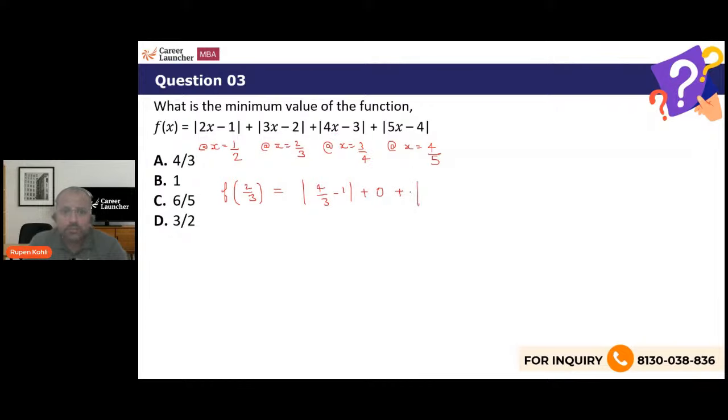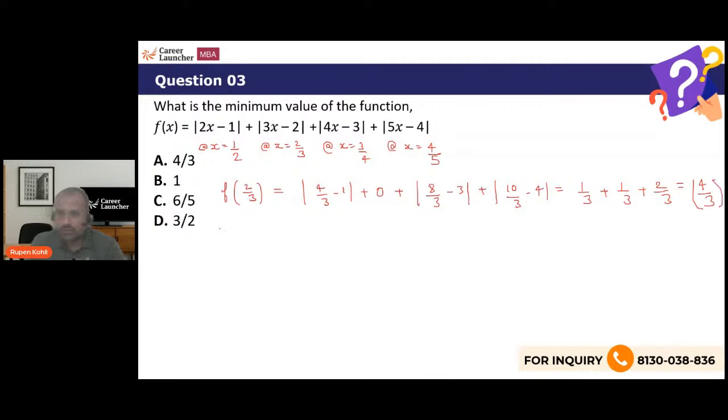Then 4x minus 3, so mod of 4 into 2 by 3, which is 8 by 3, minus 3. Lastly, 5 into 2 by 3, 10 by 3, minus 4. Adding all of that: 4 by 3 minus 1 is 1 by 3, then 0, 8 by 3 minus 3 is minus 1 by 3, magnitude 1 by 3, and 10 minus 12 is minus 2 by 3, magnitude 2 by 3. This comes to 4 by 3, which is the first option.